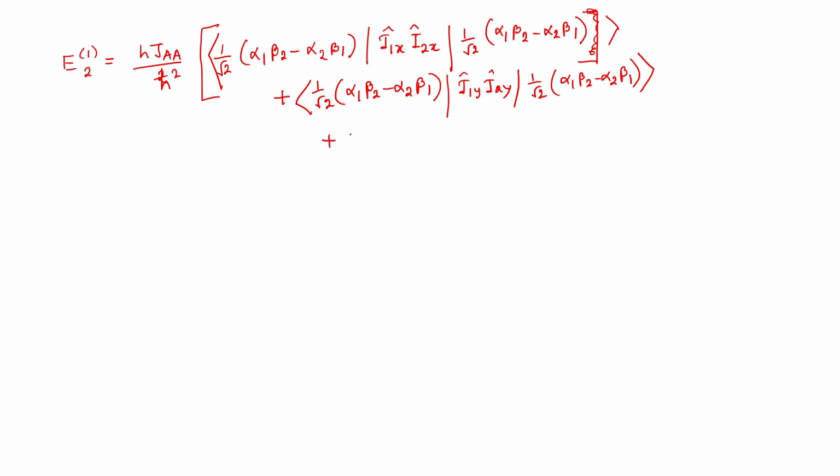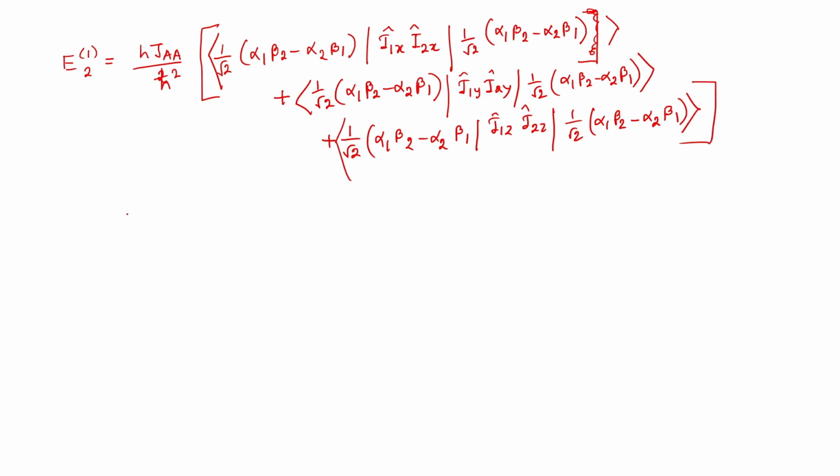Then we'll have 1 by root 2, alpha 1 beta 2 minus alpha 2 beta 1, I1z I2z, 1 by root 2, alpha 1 beta 2 minus alpha 2 beta 1. Now hJAA by h cross square will be there.